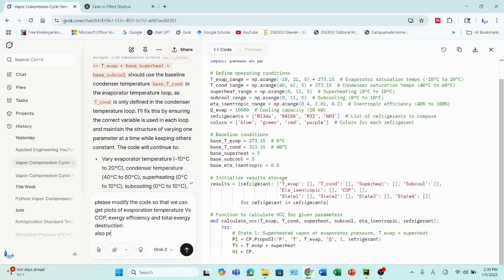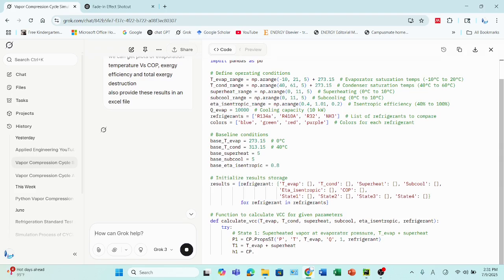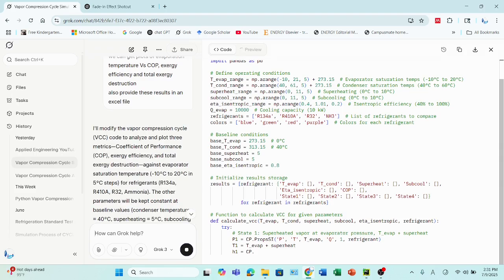Also provide these results in an Excel file. So let's see whether Grok can calculate this exergy efficiency and exergy destruction, which come under the second law of thermodynamics.